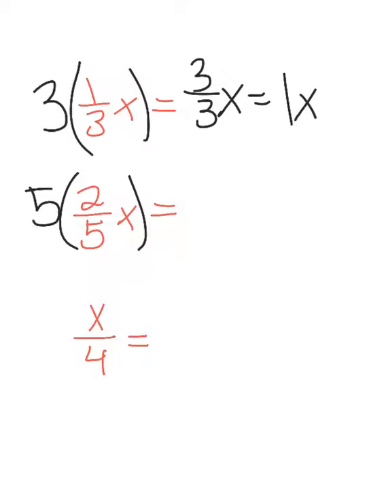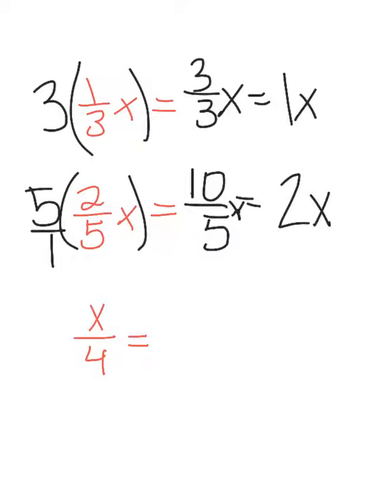Now remember, this is saying like 5 over 1, and that goes back to our rules of multiplying fractions. I would do 5 times 2, which is 10, over 1 times 5, which is 5. So 10 divided by 5 gives me my 2, so my answer then is 2x.